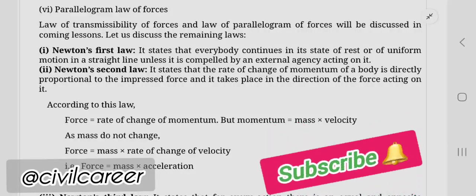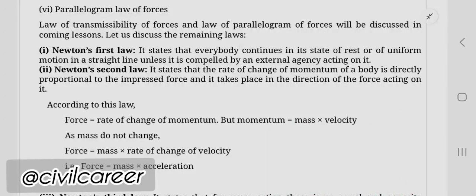Newton's second law states that the rate of change of momentum of a body is directly proportional to the impressed force and it takes place in the direction of the force acting on it. Force F is equal to rate of change of momentum, but momentum is equal to mass into velocity.